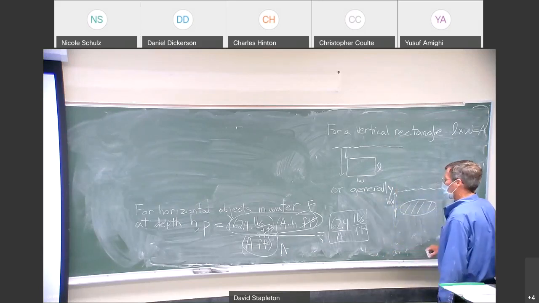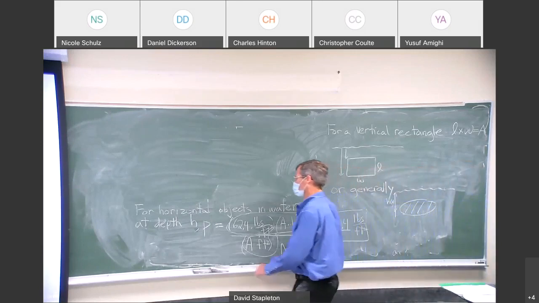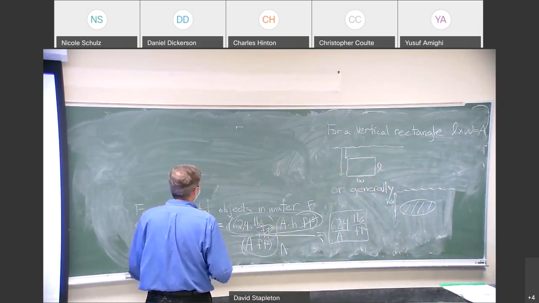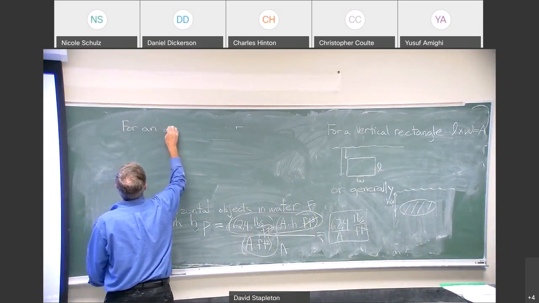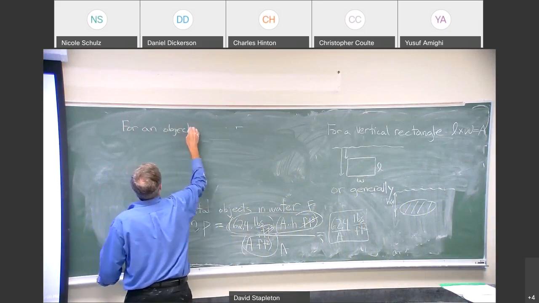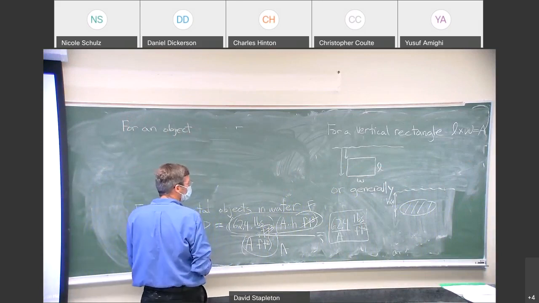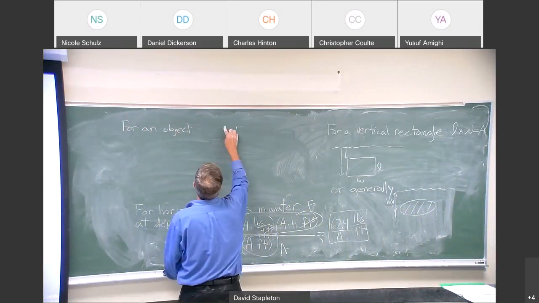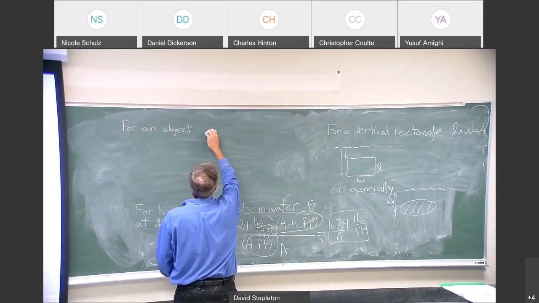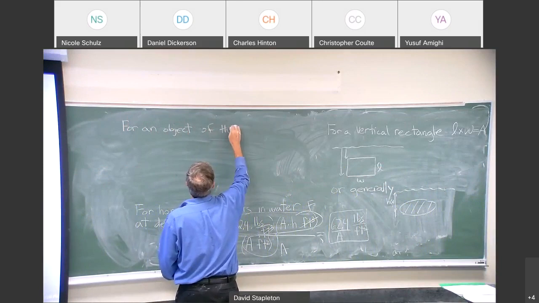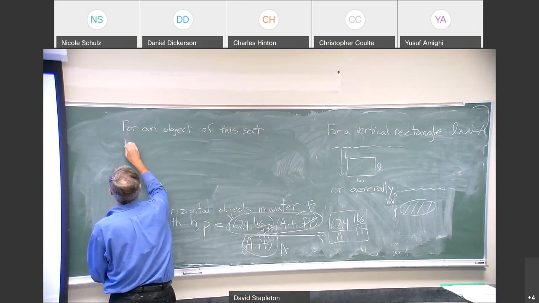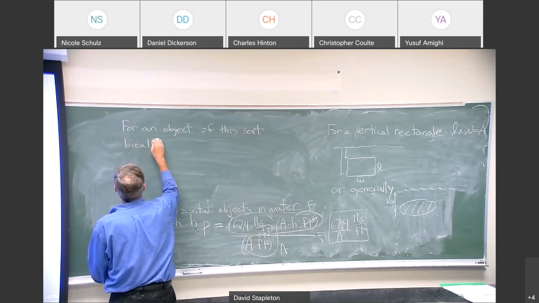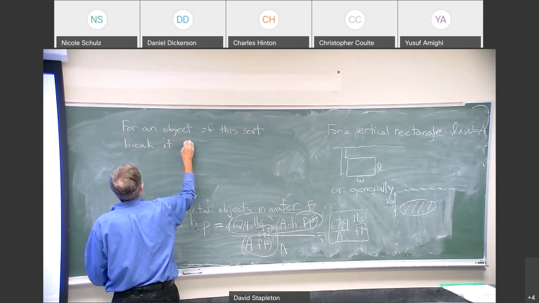All right, and so if rho is the density of the fluid, it doesn't have to be water, it could be some other incompressible fluid, of an object of this sort, break it into layers, each of which the pressure is approximately constant on.